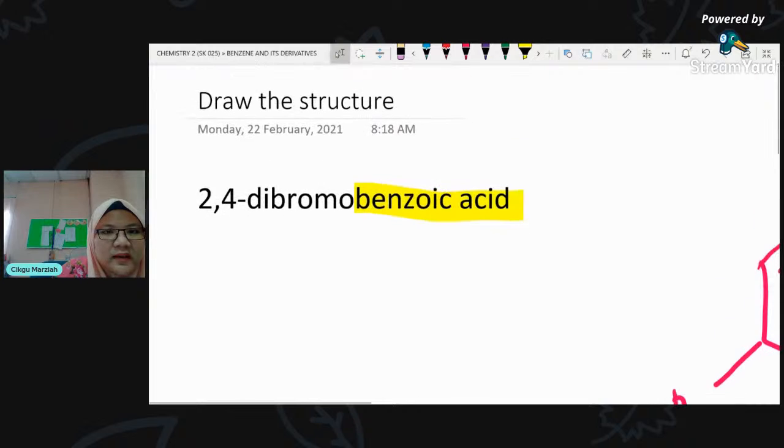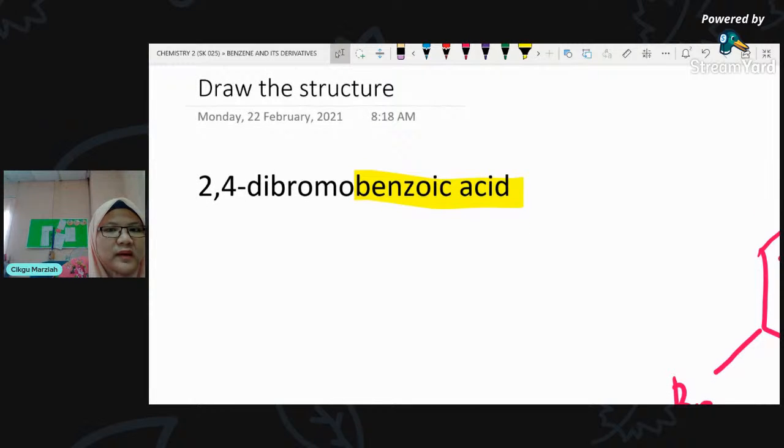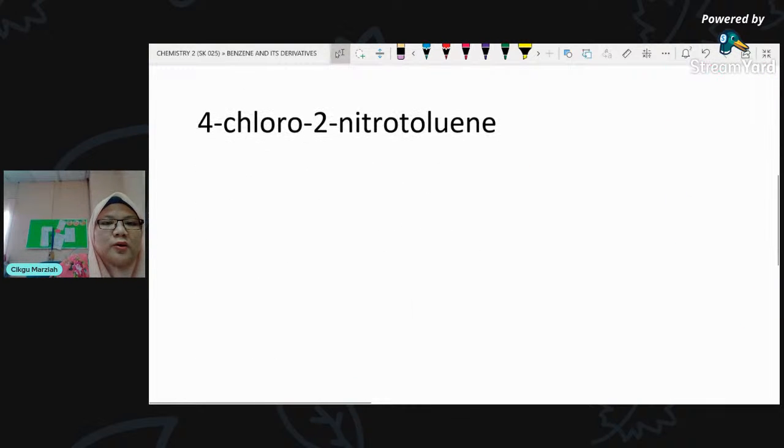So the first one tadi adalah 2,4-dibromobenzoic acid. Already draw the structure. Okay, so now kita pergi kepada yang ini. 4-chloro-2-nitrotoluene.